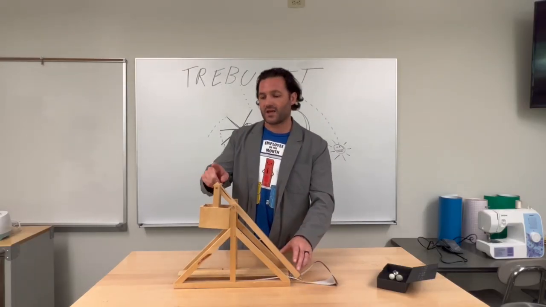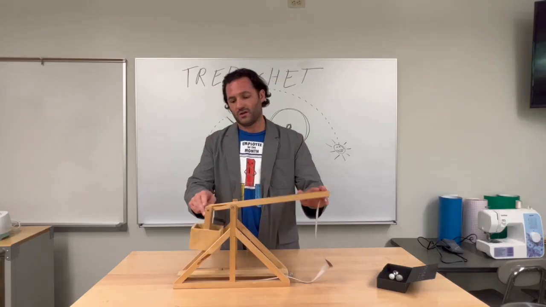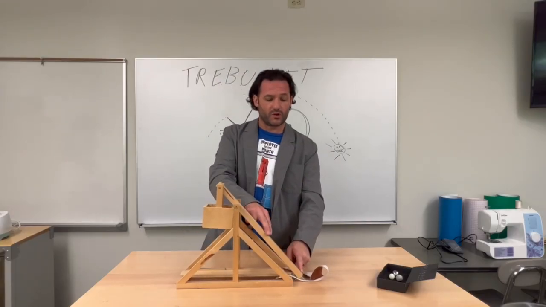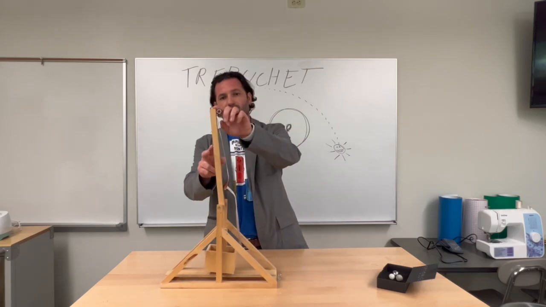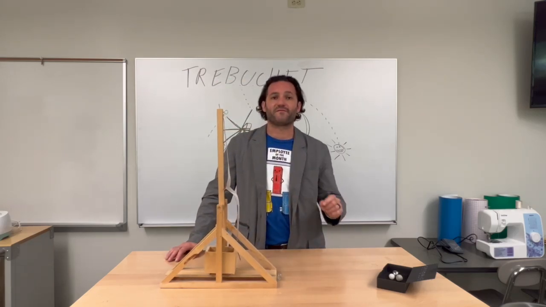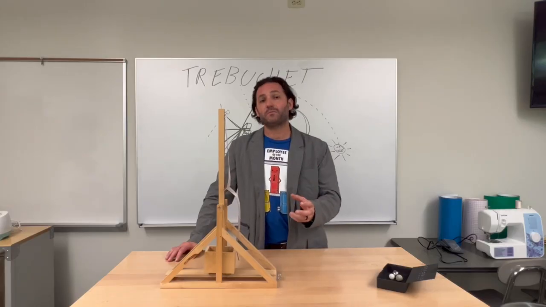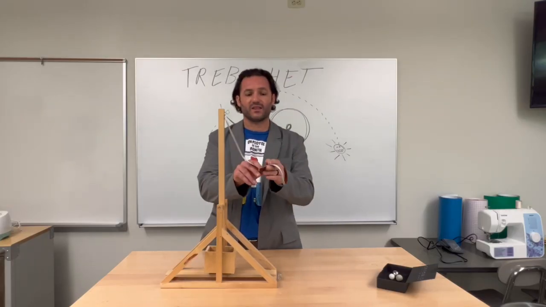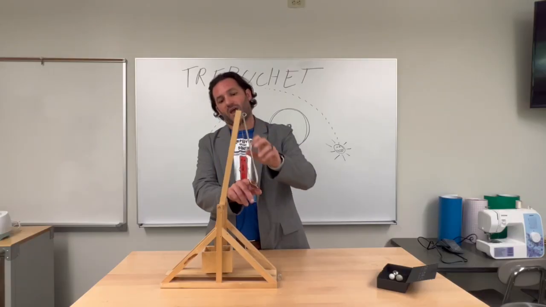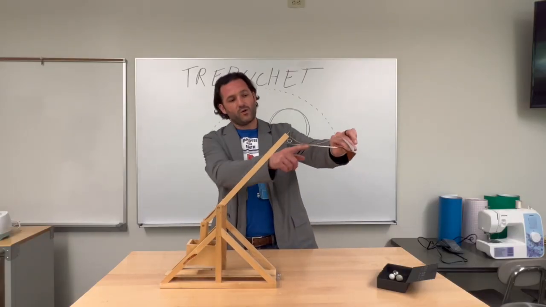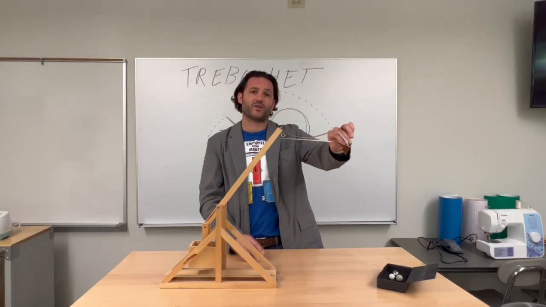In the amount of time it takes this counterweight to go from here to here, this part of the arm, the long end, goes from here all the way up to here. That means the projectile has to be going faster. And that added speed gets it the distance and the power we need. Then when we add the sling on, as it comes around, now it's almost twice as far as just the arm.